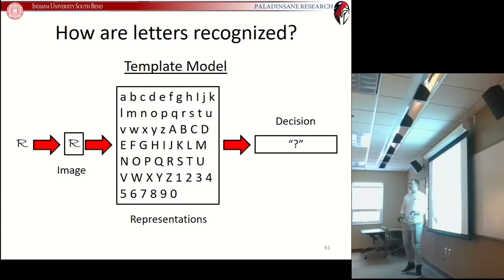So the template model was abandoned. People tried to fix it a little bit. They're like, well, what if we have another template? What if we have another template? And basically it got to the point where they said, you're going to have to add like 500 million templates for every single font that we have. So they abandoned this because it just didn't support the behavior that we could do using this representation.